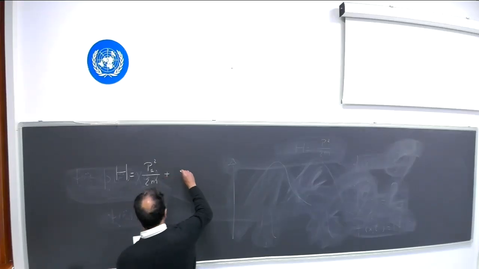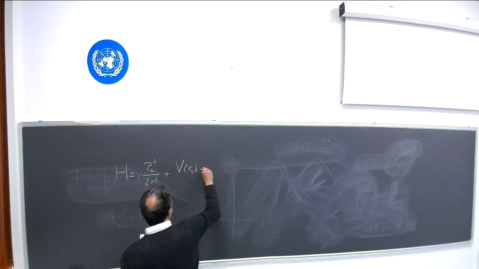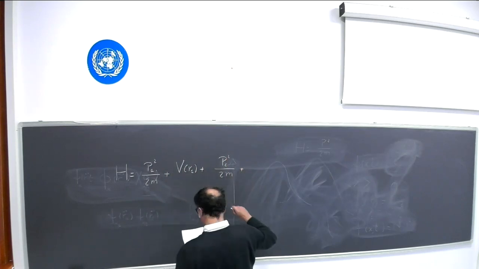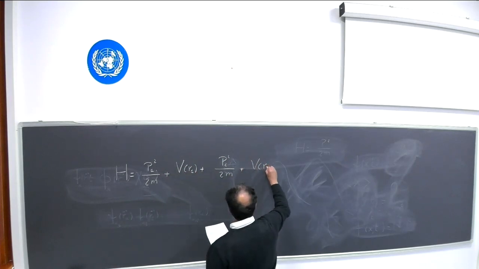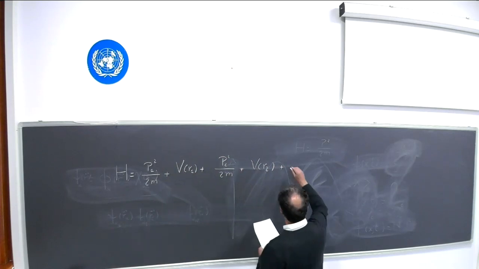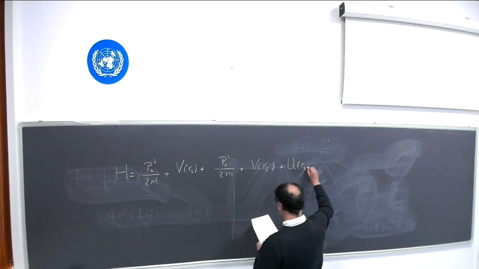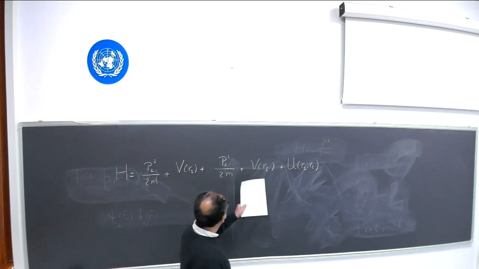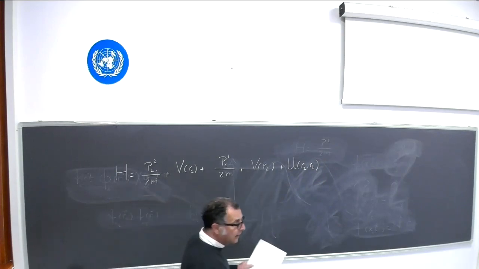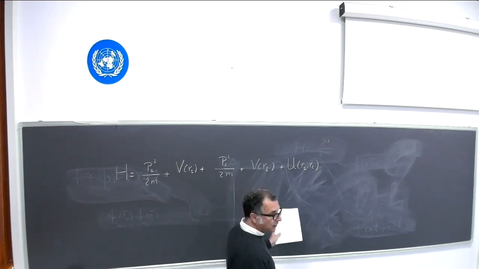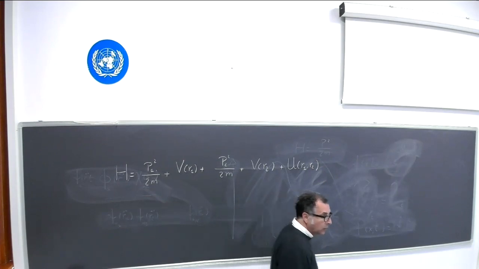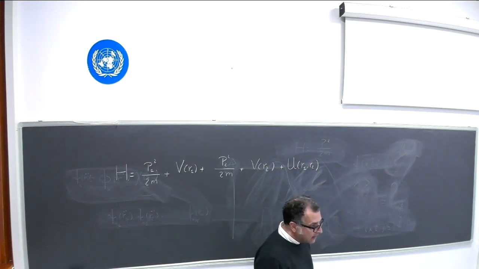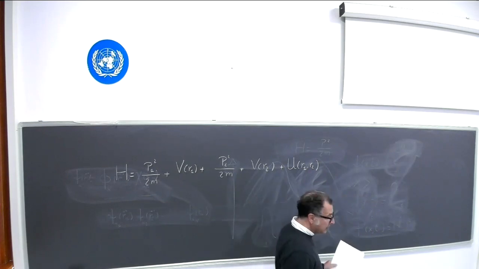So these are two particles in a given external potential V, and they interact through some interaction U, for instance the Coulomb interaction.